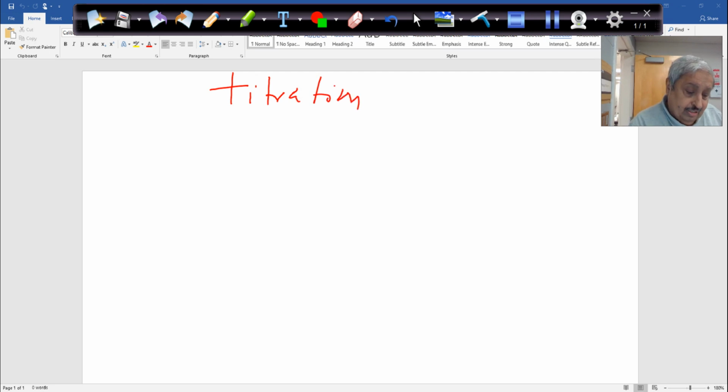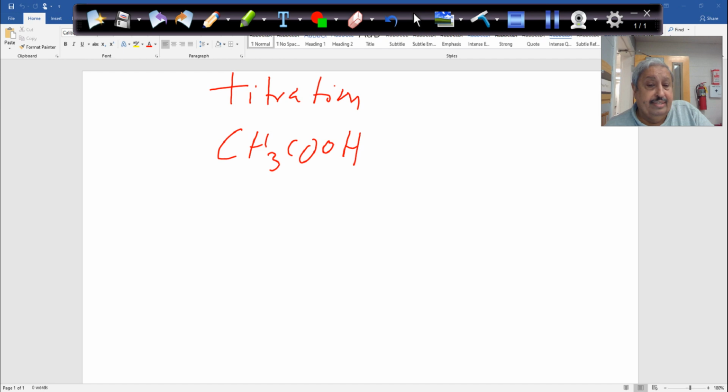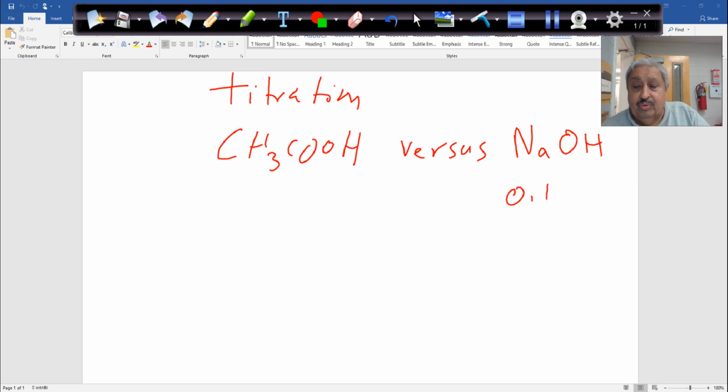In the titration questions here, I can give you acetic acid, the same one we had in the lab, or I give you another type of acid and base. So if you take acetic acid titrated against sodium hydroxide, the molarity of sodium hydroxide is 0.105 molar, correct?